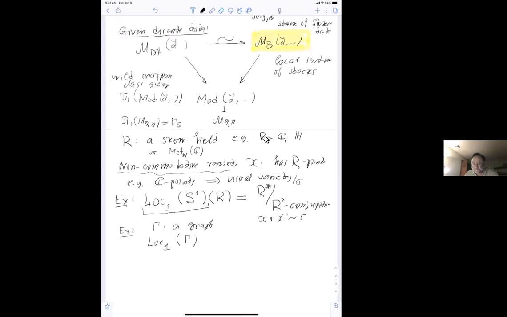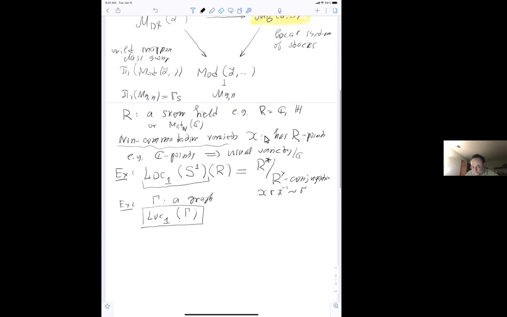Okay, got you. And if this is a graph, you can do the same thing. And then you get this non-commutative variety of one-dimensional R local systems. That's the moduli space of flat line bundles on gamma. When I say line bundles, I mean line bundles over our base ring R.